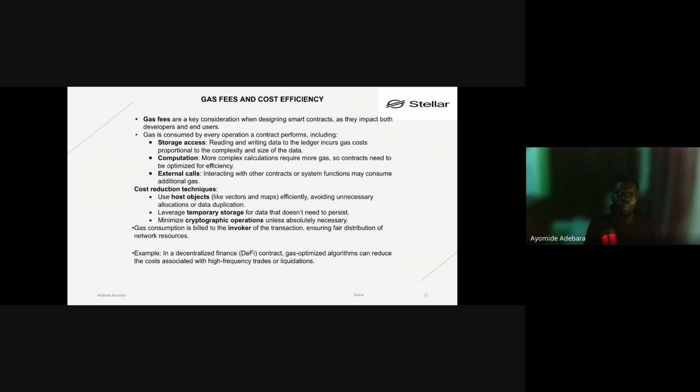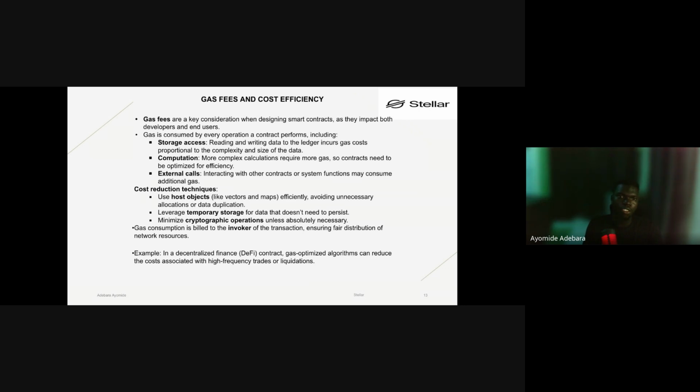Gas is consumed by every operation on a contract platform. When you are writing data to the ledger, it incurs gas. This gas is calculated based on how much computation is needed for that function call. So a function that does a lot would take more gas than one that does less.